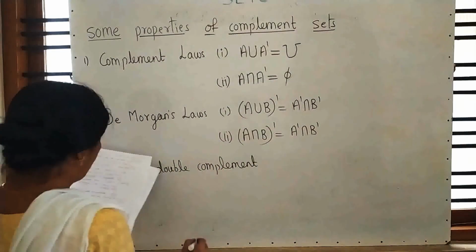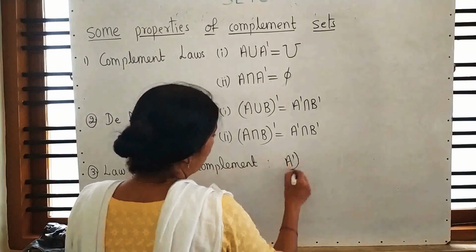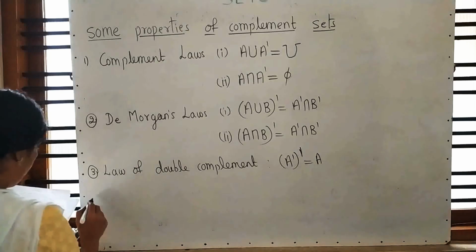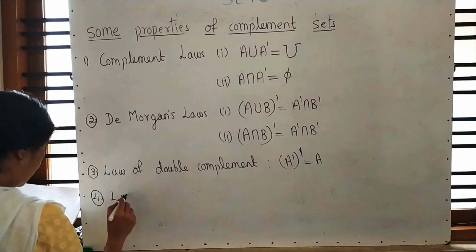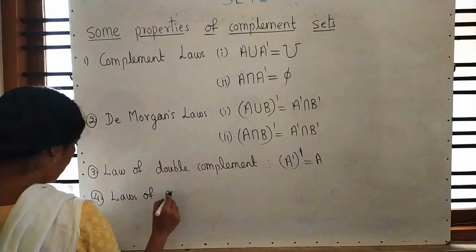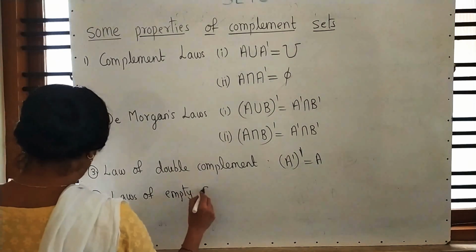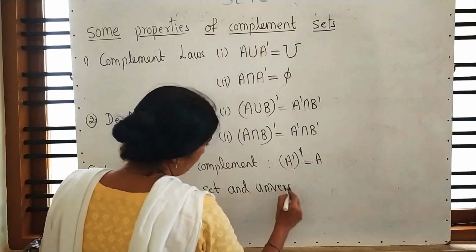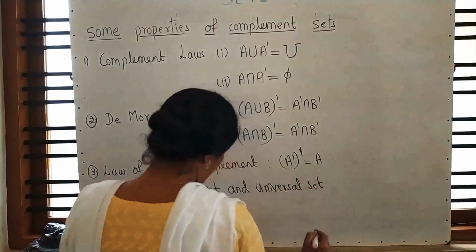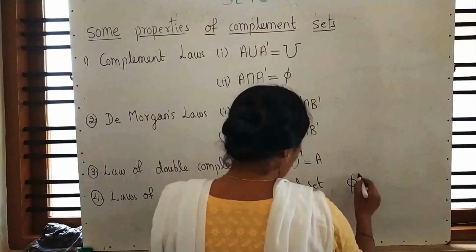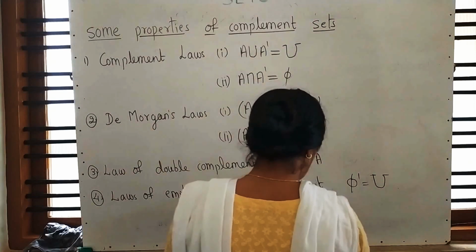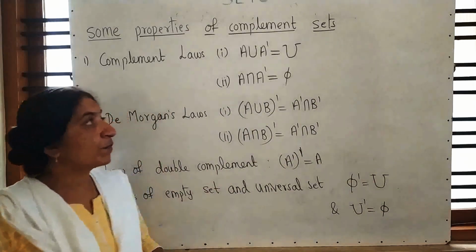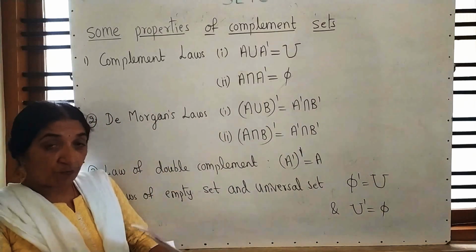You are already familiar: complement of a complement is nothing but the same original set. Complement of a null set is the universal set, and complement of the universal set is the null set. So these are very important properties related to the complement of a set.